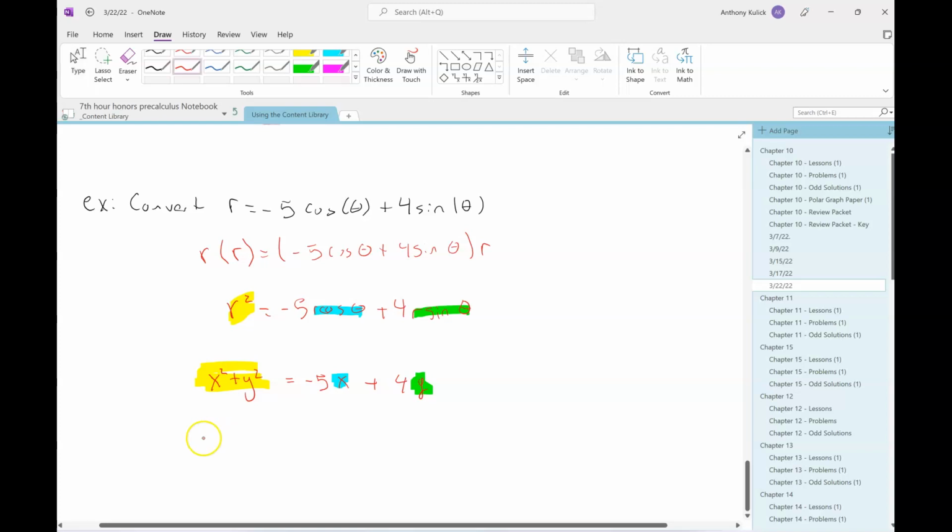Just like before, I'm going to group everything onto one side. I'm leaving these big gaps here for a reason, if you're following along.